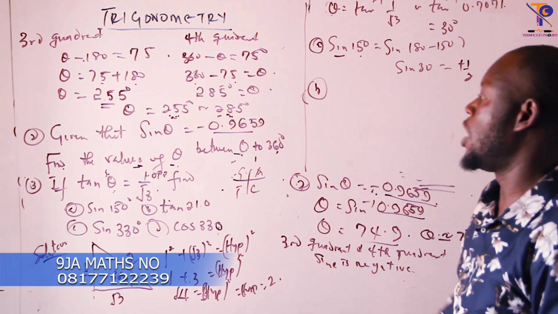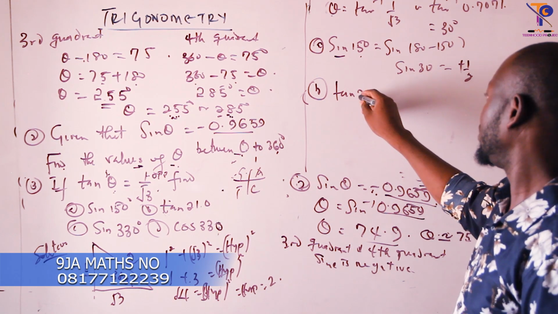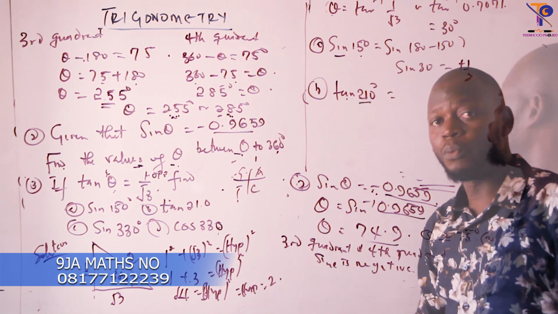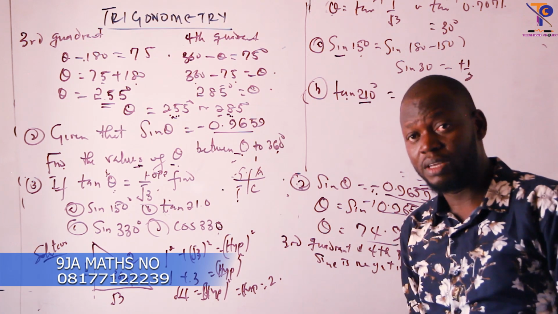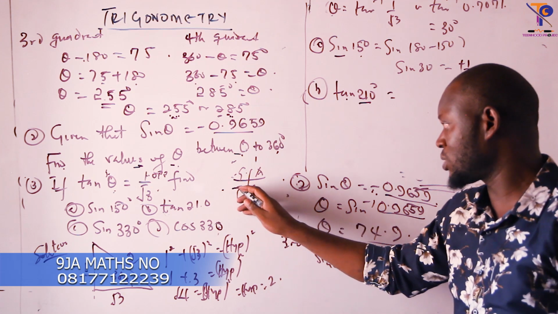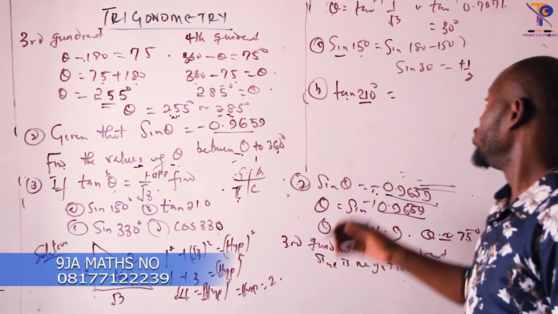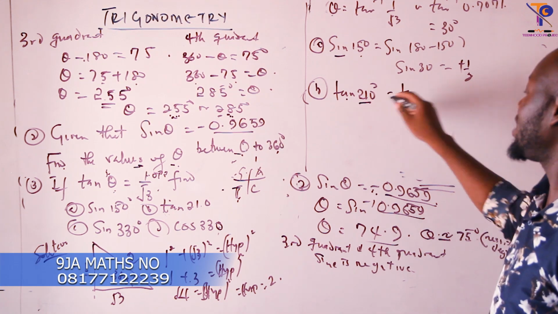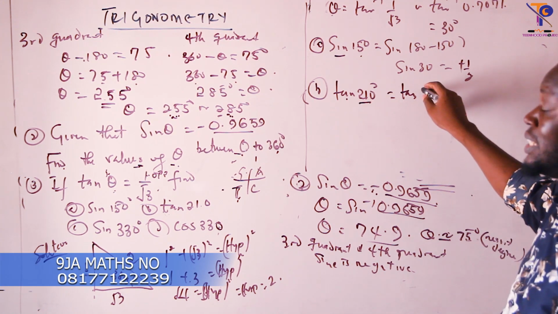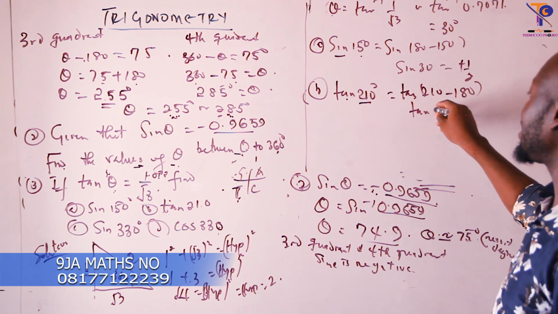Then for B now, that is tan 210. Which quadrant? Third quadrant. And tan is positive on the third quadrant, so definitely this value is also positive. So we go tan, third quadrant is theta minus 180, that is 210 minus 180, which is going to be tan 30.